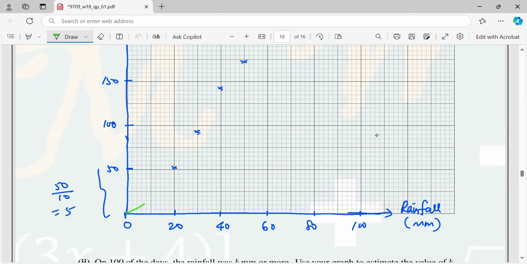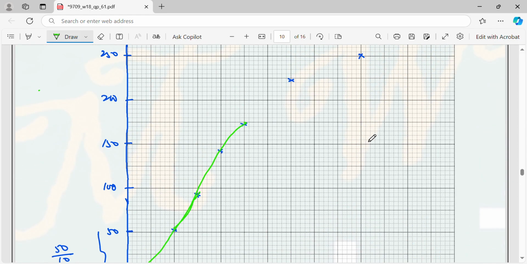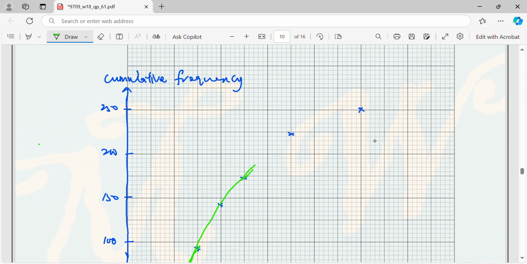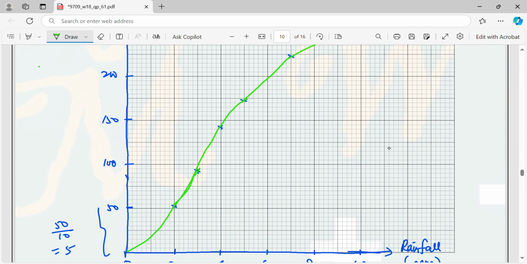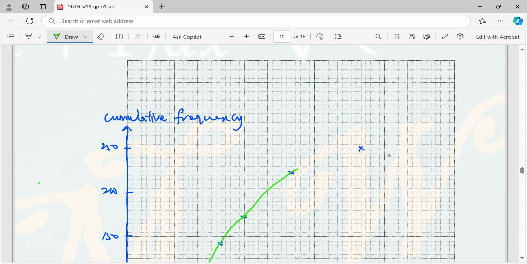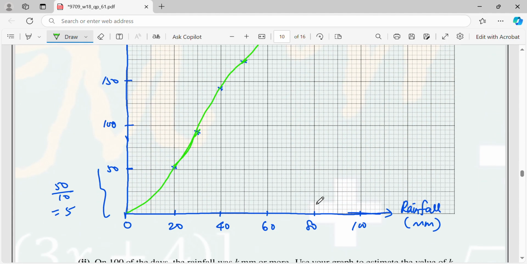Start from 0. Okay, so draw the smooth curve.